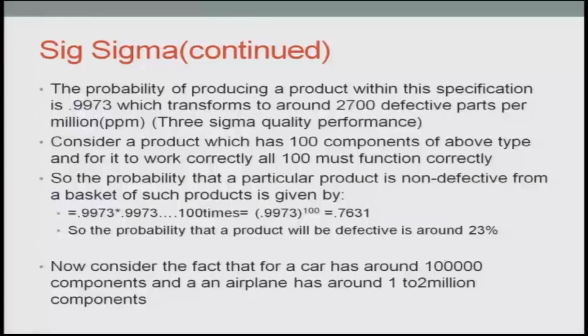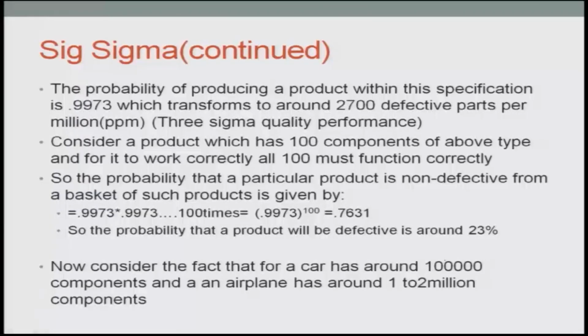So, the probability that a particular product is non-defective from that basket of 100 such components is about 99.73 percent. So, each being good would be 99.73 percent multiplied 100 number of times.